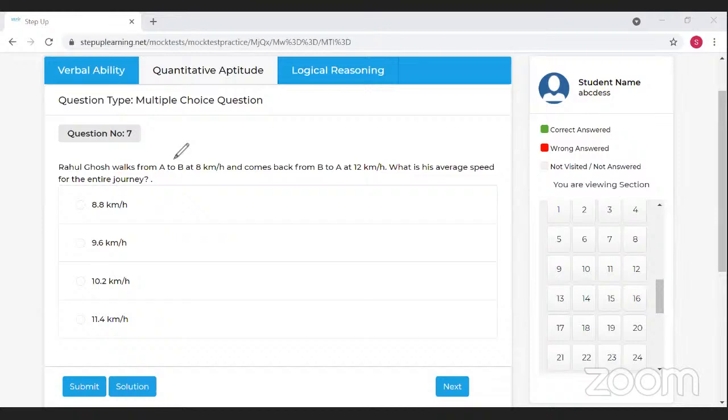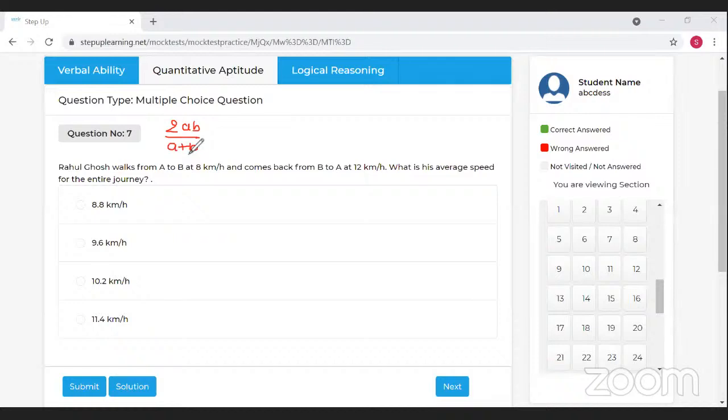All right, so Yash knows. Had you gone through videos or did you know this method? 2xy upon x plus y. So one is 2AB upon A plus B or 2xy upon x plus y.